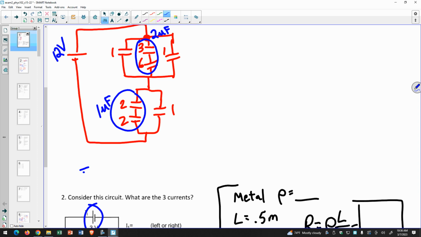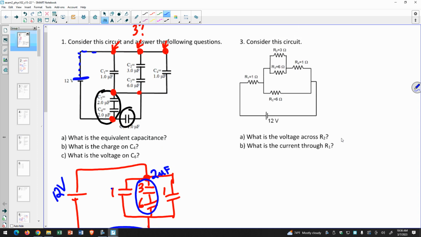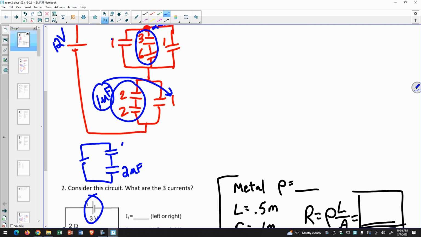So now my circuit simplifies to just 2 capacitors that are 2 microfarads, because I combine this one with this 1 microfarad, and then 1 plus 2 plus 1 plus 2 plus 1, which is 4 microfarads. And then I have this all over 12 volts.